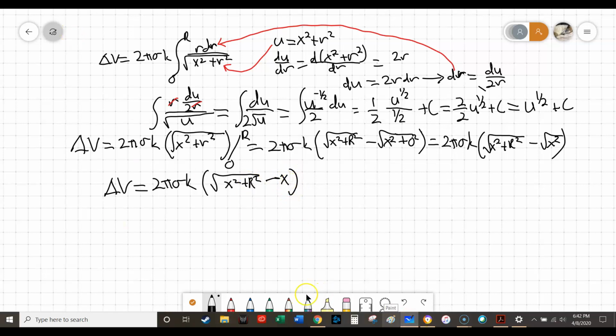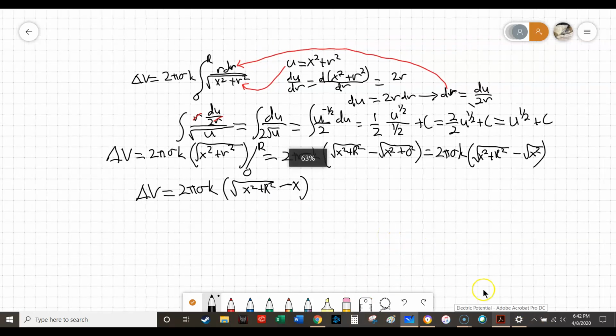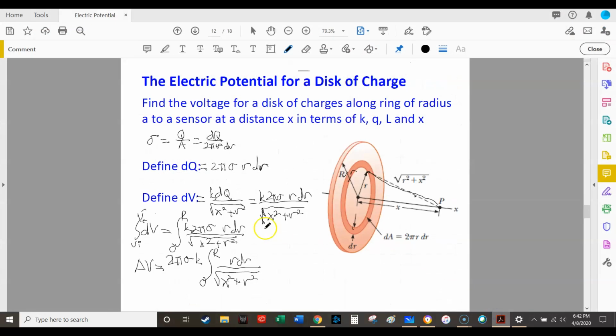Okay? So let's switch back. So that means this whole thing becomes 2 pi sigma k times the square root of x squared plus r squared minus x.